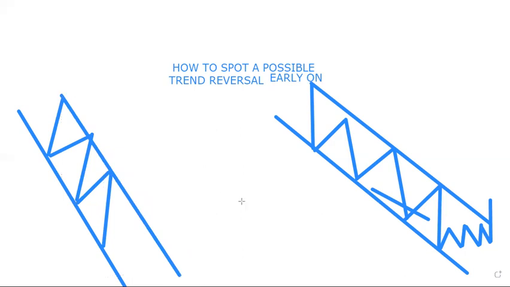Are we there? Let me know if I should wait before we call the next one. Done. So what's the last one? After the resistance is broken, one can wait for a retest and join the buy move.